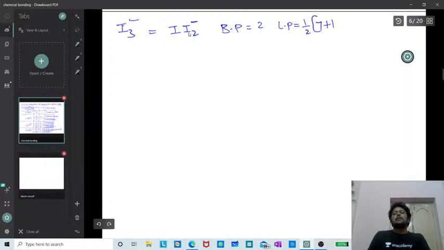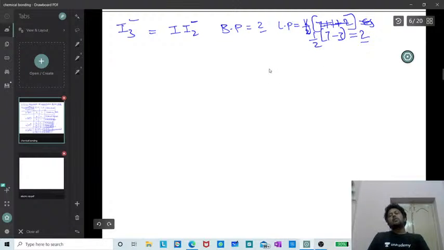And each iodine can form 1 bond with another iodine. So 2 iodine surrounding means 2 bonds around the central atom. So 7 plus 3, 10, 10 by 2, 5. Sorry, it is minus, not plus. 7 minus 3, 4 divided by 2, that is equal to 2. Bond pairs 2, lone pairs 2.